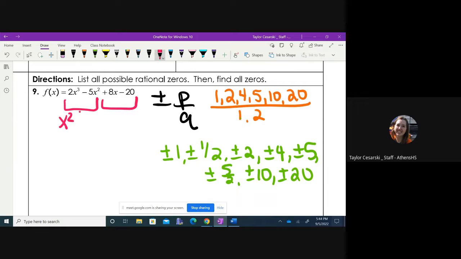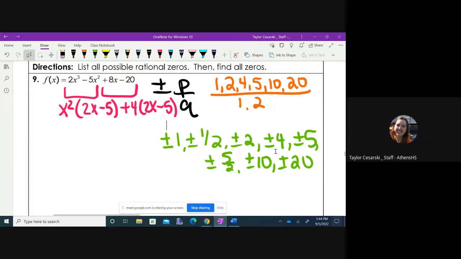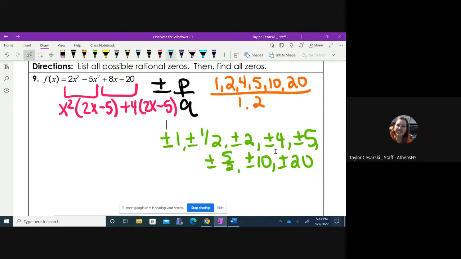So I have x squared(2x minus 5) and then plus 4(2x minus 5). And that does work, okay? Now, something to note is that not every cubic with 4 terms will factor by grouping, just like every quadratic doesn't factor. So that's when you would have to try a possible rational zero.